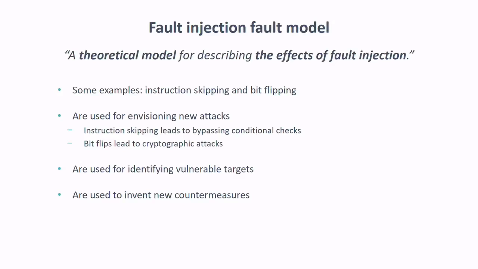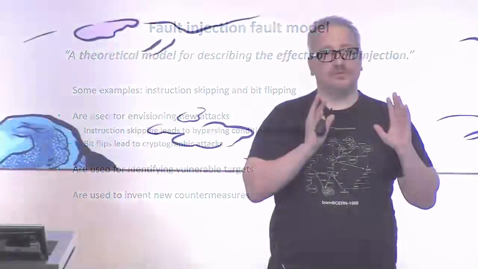Or you might have a situation where your fault model says, perhaps this fault injection technique allows me to flip some bits rather than skipping instructions. So you start with a model, something that you think might happen, and then you use this model to envision your attacks. If this is what happens at the fault level, how can I use it for attacking things?